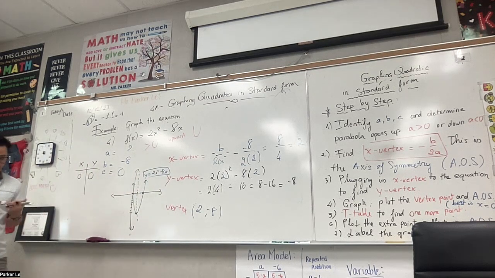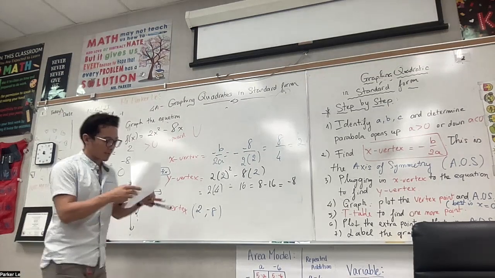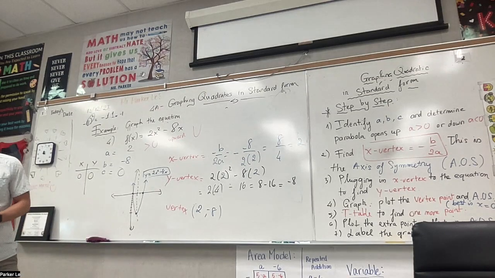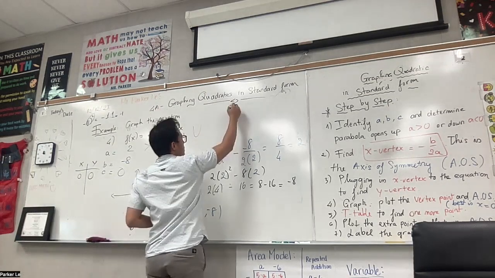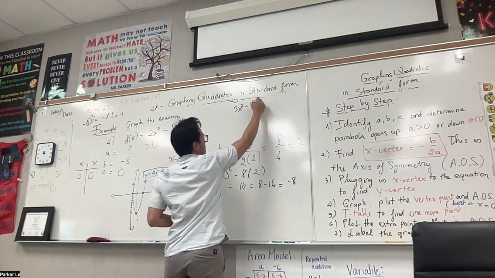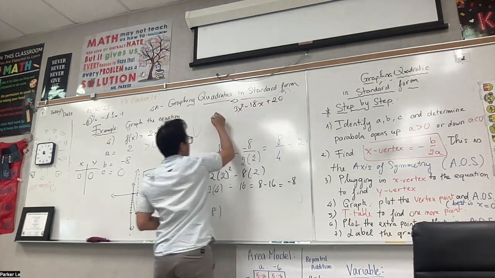Done? Hold on. I want to tell you this, and then we can go back. On your homework, there will be 2 or 3 questions. They give you a concept.